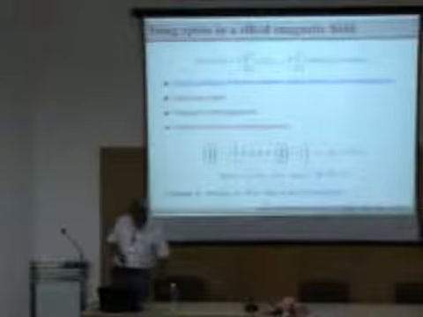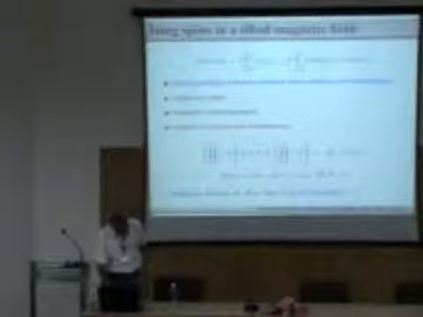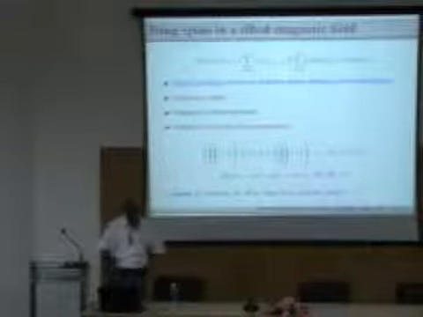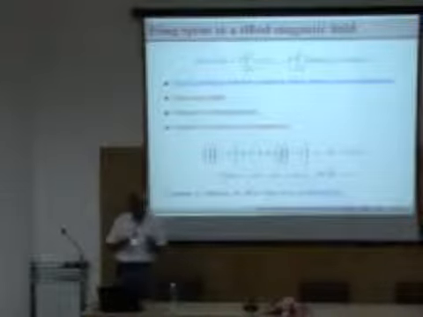Okay, so this is just some things about the Hamiltonian, that it's symmetric and so forth. And it's important to desymmetrize the Hamiltonian when you're studying things like avoided crossings.